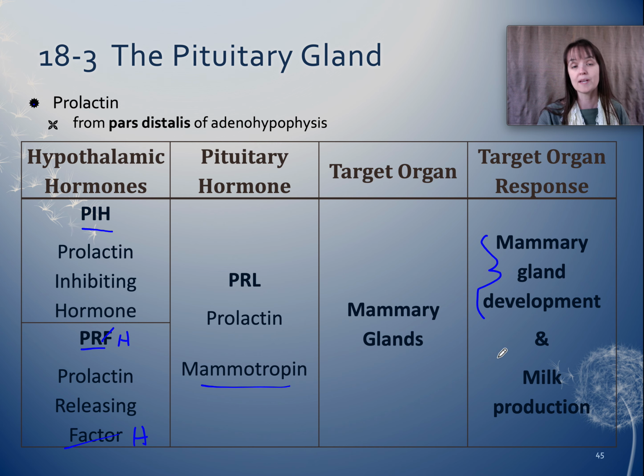So prolactin makes you make milk. The milk ejection for the milk to leave your body is oxytocin. That's the cuddle hormone, and that's made in the hypothalamus and released by the neurohypophysis, the posterior pituitary gland. So they work together.